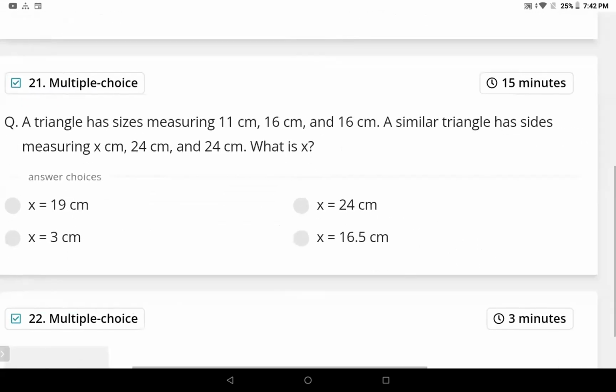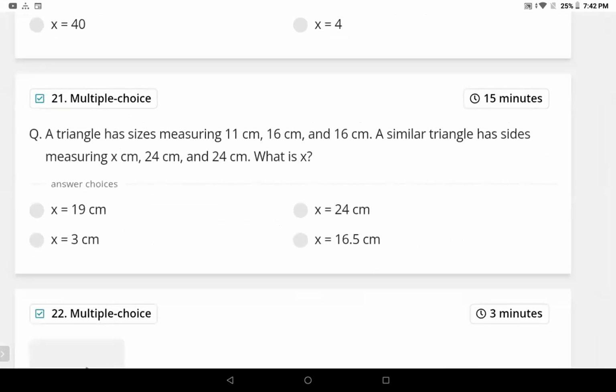Next question. A triangle has sides measuring 11 centimeters, 16 centimeters, and again 16. Similar triangle has sides measuring x, 24, 24. What is x? So here 16 by 24. What is the x value here, children? 16.5, ma'am.